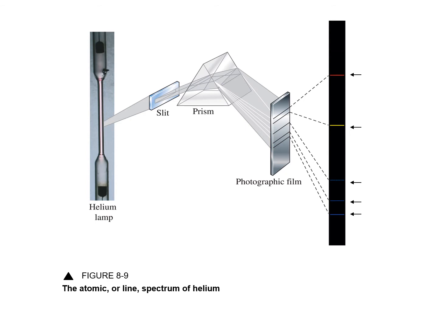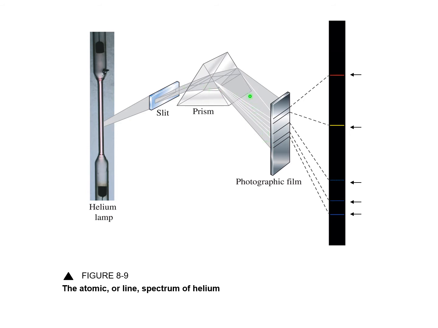Let's talk about emission spectra and what they are. This is figure 8.9 in your book, the atomic or line spectrum of helium. In the experiment, we have a cathode and an anode, and a tube filled with helium. We send electric charge through it from the cathode to the anode, and that takes helium from a ground state into an excited state. When it goes back down to the ground state, it emits light, or photons. We send that through a slit, and then send that planar light through a prism.